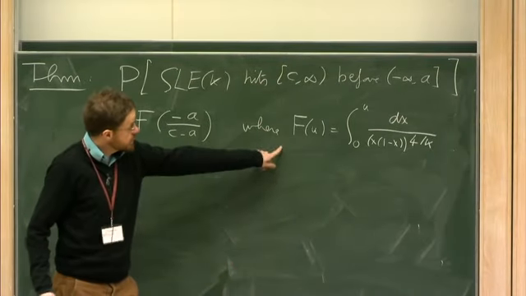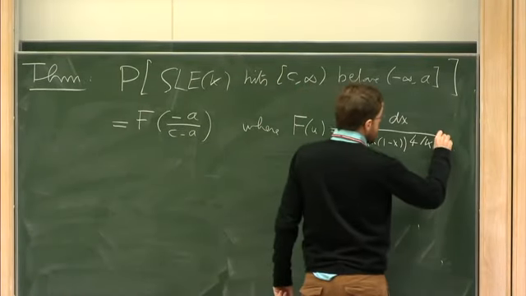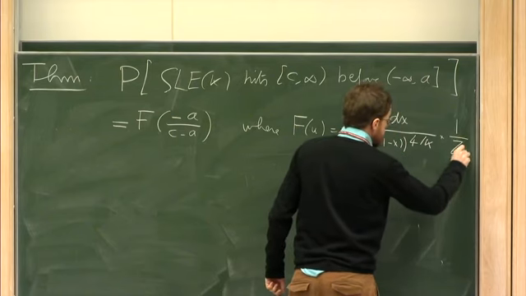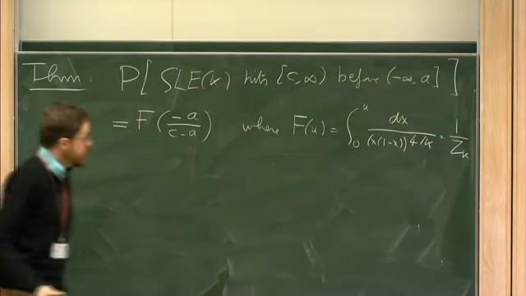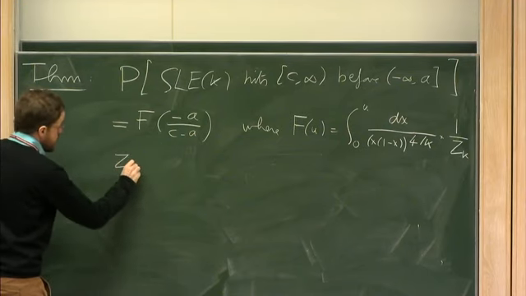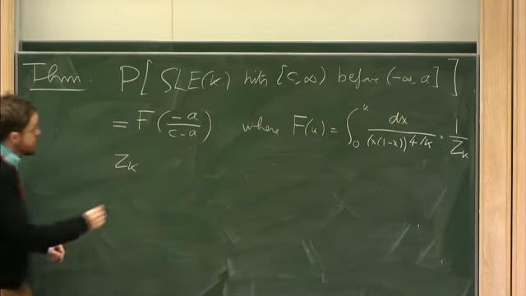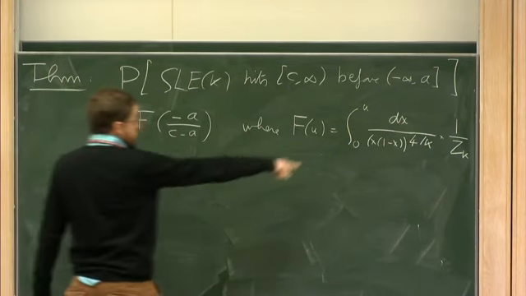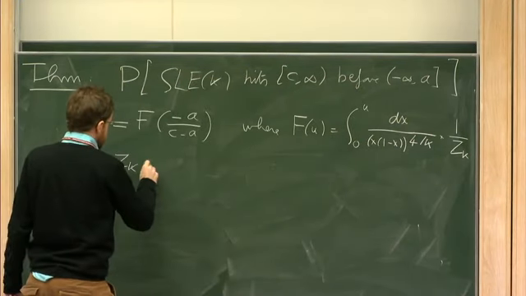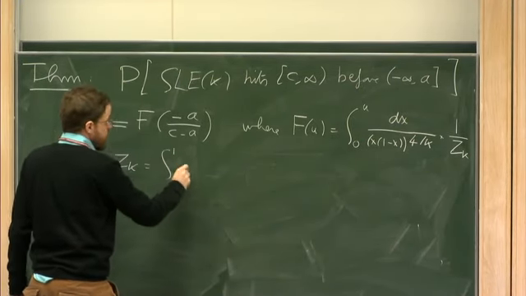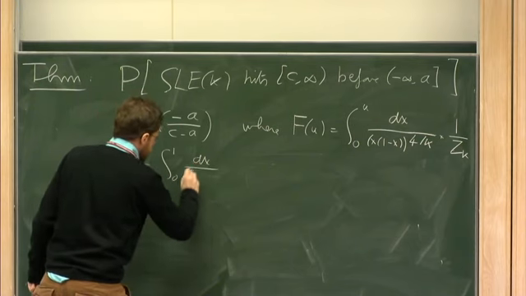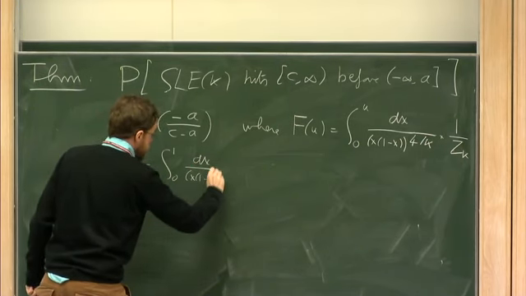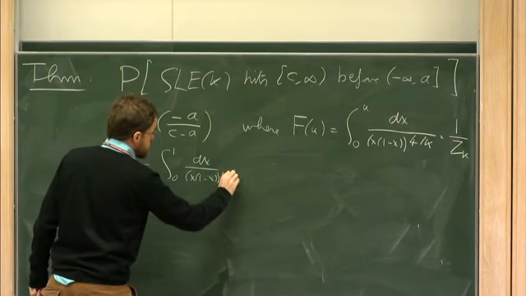So this is what I wrote, but it's not exactly true. So you need to put some normalization Z kappa, and Z kappa is what you need for f of 1 to be equal to 1. So Z kappa is just the integral from 0 to 1 of dx over x(1 minus x) to the power of 4 over kappa.